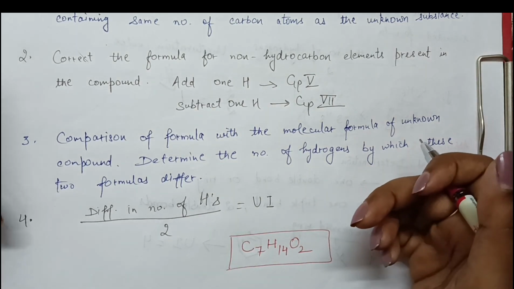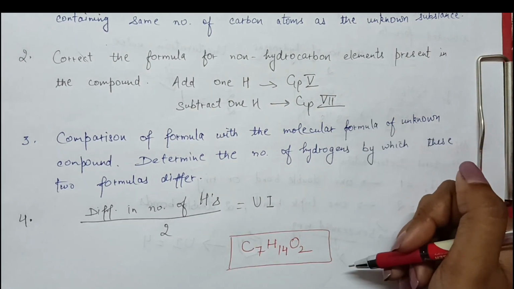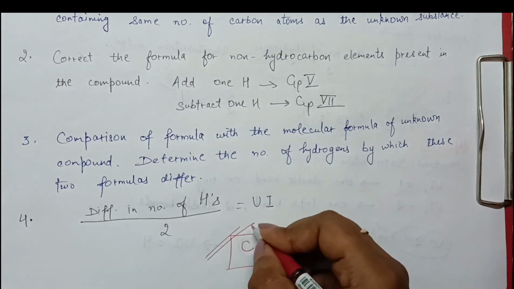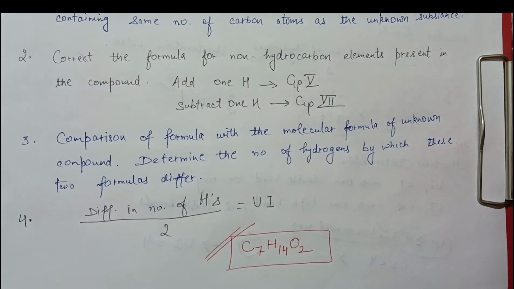Try to apply these 4 steps and try to find out the unsaturation index for this particular molecule. We will discuss this molecule in the next video. While starting the video, we will discuss this molecule and then we will move on to rule of 13.